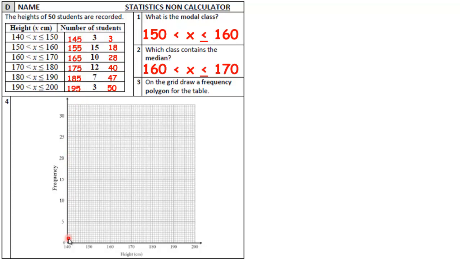Read the scale carefully. The scale on this, every 2 squares stands for 1. So 145, I need to go up 6 and plot that. 155, I need to go up to 15.